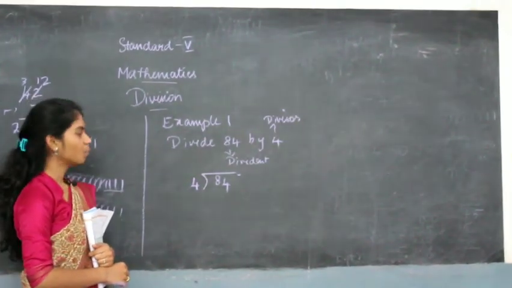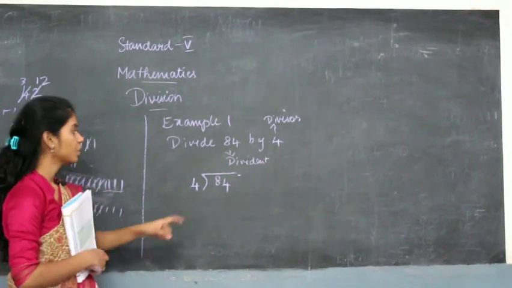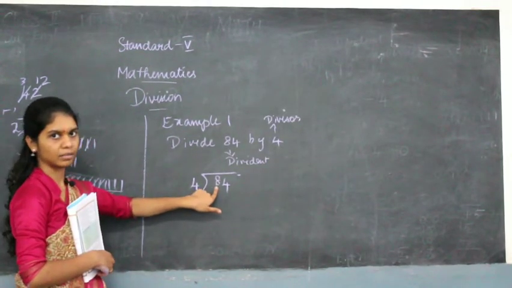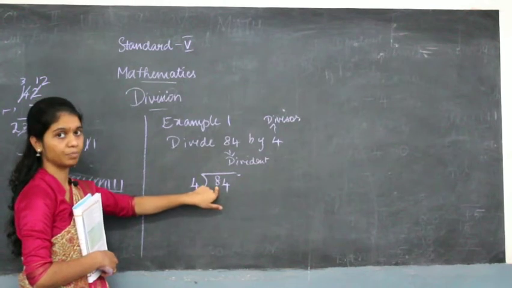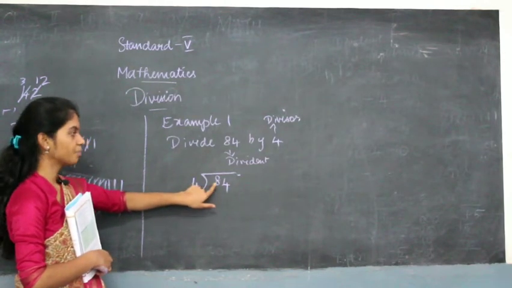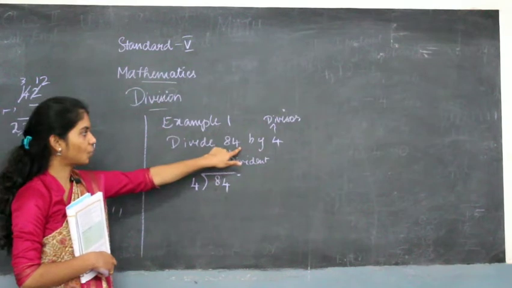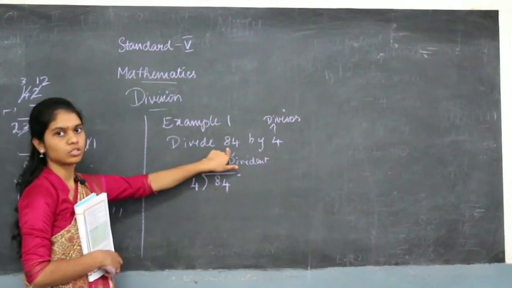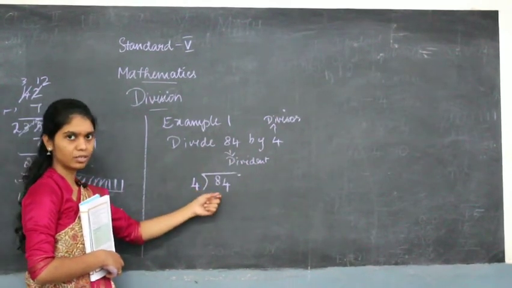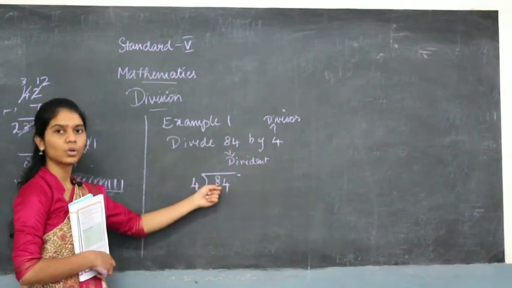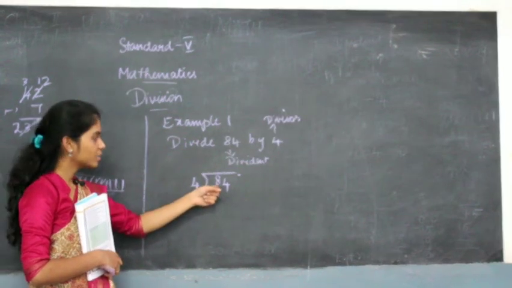Now you have to look into the first term inside, the highest term, whichever you have. Here, this is units and this is tens, so tens is the highest one. So you have to look into the tens.